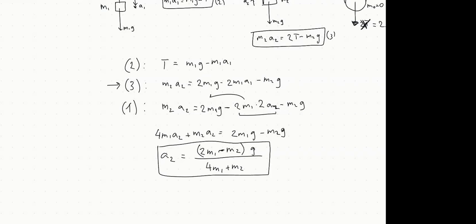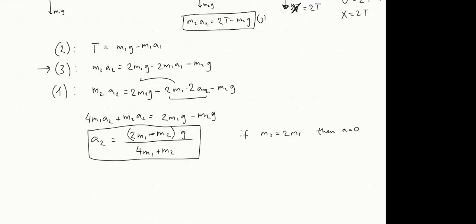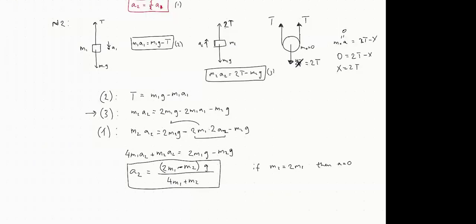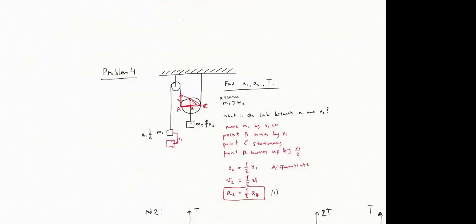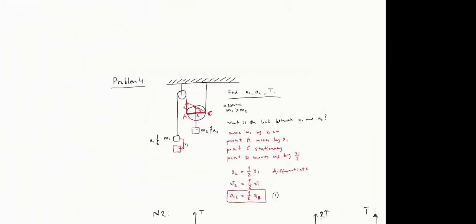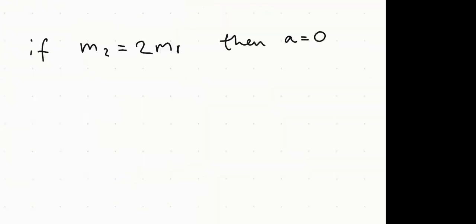And let's just confirm: if m2 is equal to 2m1, if the ratio of the masses is 2, then acceleration is 0. Well, that makes perfect sense. If the second mass is twice the first mass, then they would not be accelerating.